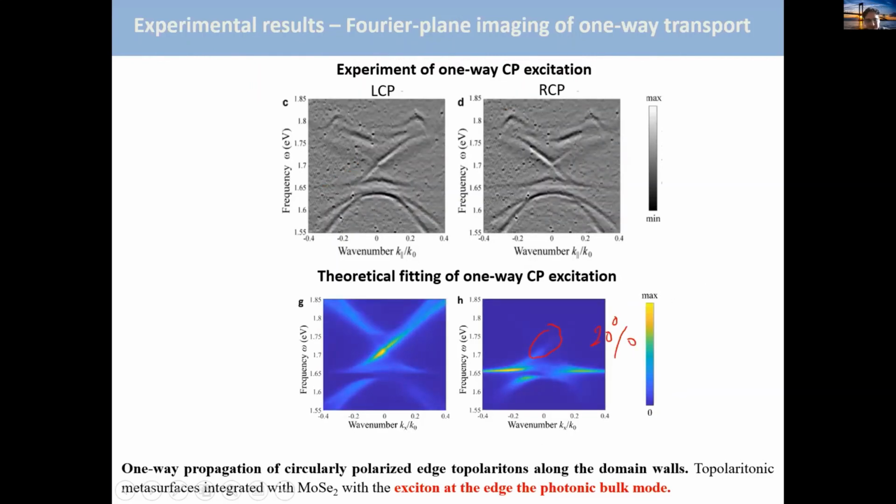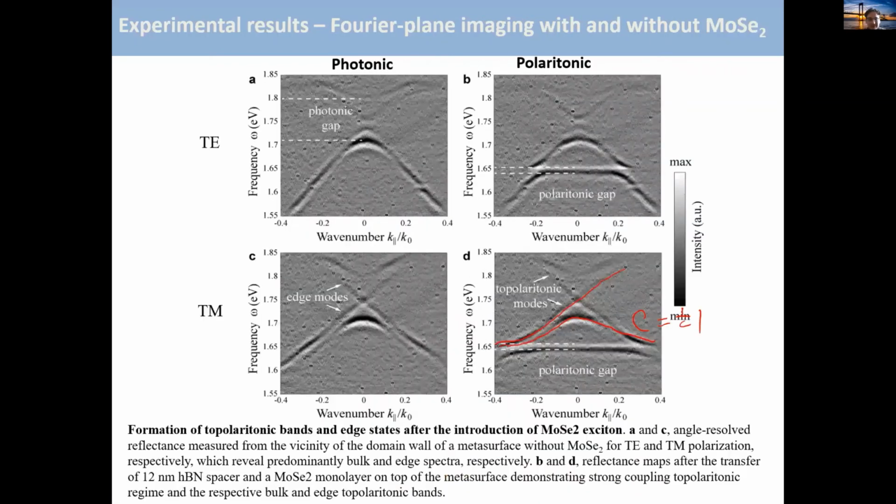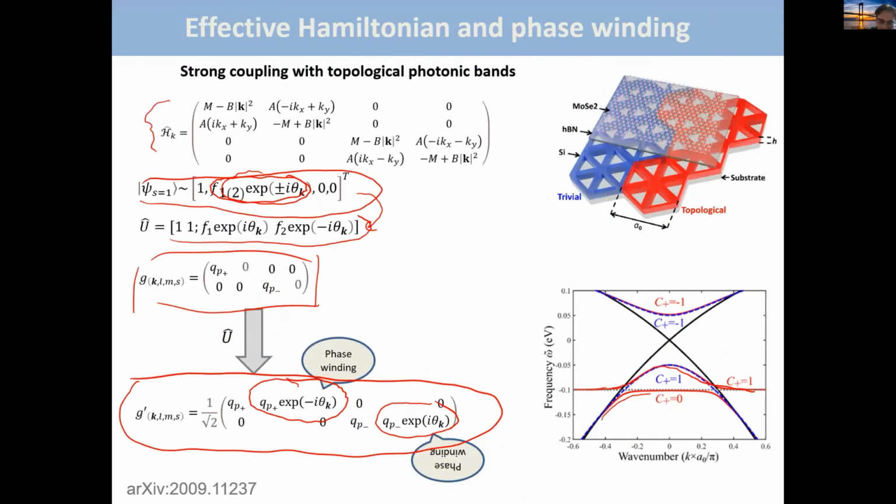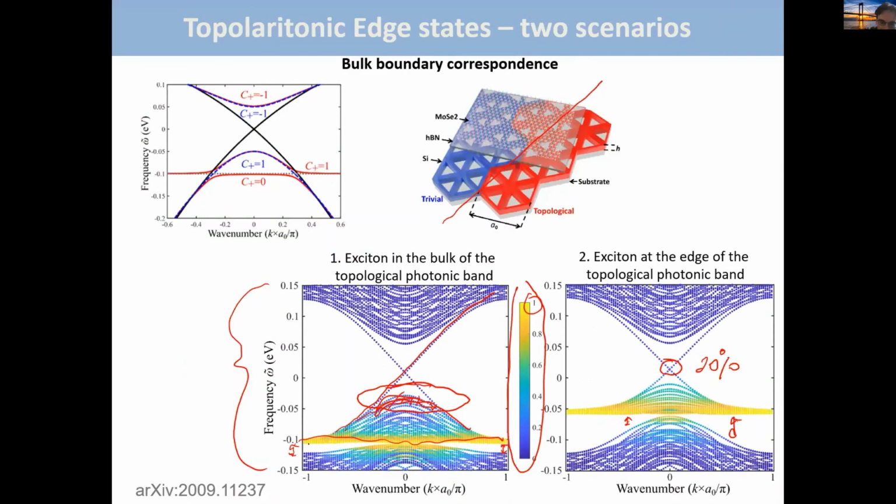So okay, so indeed these are different structures. Sorry, different structures or what? Yeah, these are different structures. So two scenarios that I have shown. In one case, the exciton cuts the topological photonic band deep inside. So it's not very deep, but far away from the tip. In that case, the excitonic component is not that significant. I mean, it's 5%. What do we count as significant or not?